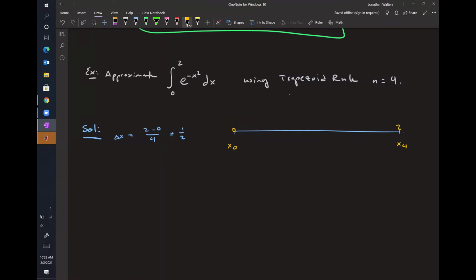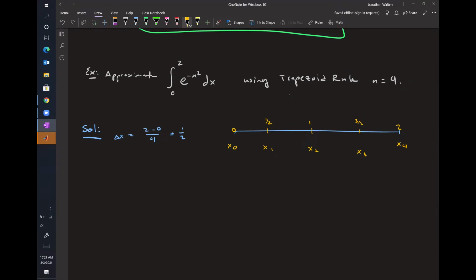Let's see. 1 is like right here, so 1/2 and 3/2. x1, x2, x3. So 1/2, 1, 3/2, 2. So those are my 5 points that I'm going to use when I'm doing this composite trapezoid rule.